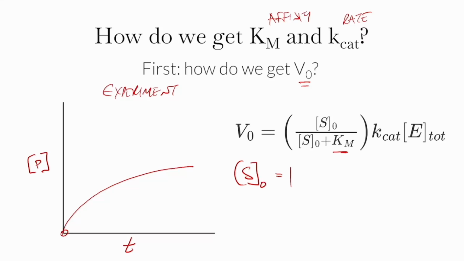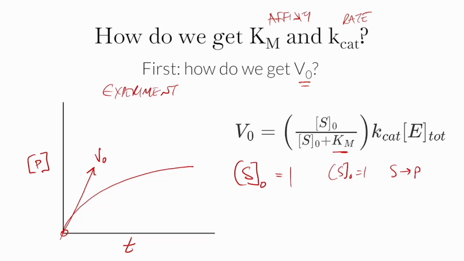Okay, so cool. What do we do with this? What we can do is look at the very first step of this, the first couple of points, if we're, say, measuring this. At that point, we know two things. We know that S naught equals 1, and we know that product formation is irreversible, because we don't have any product around to begin with. The only thing that we're seeing is a substrate going to product.